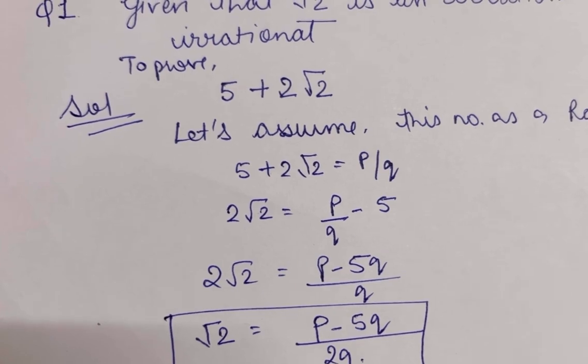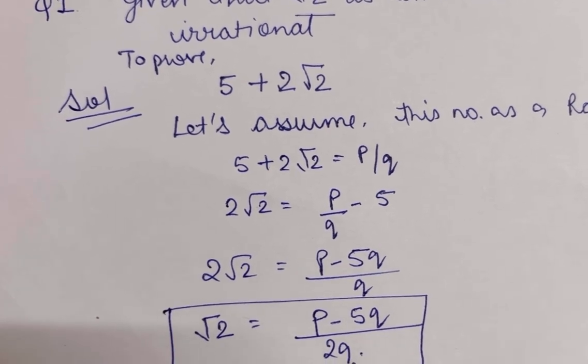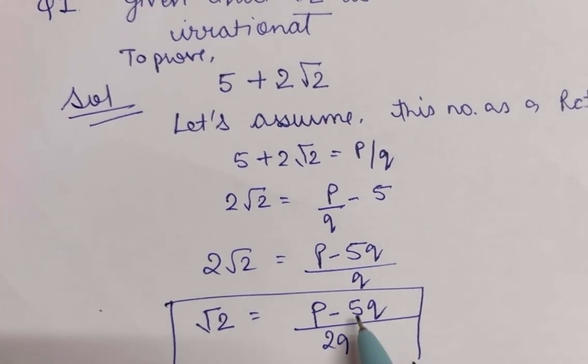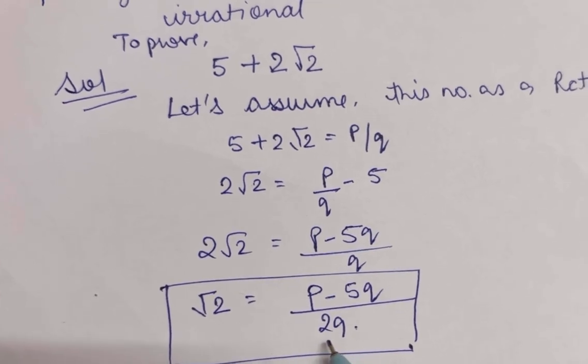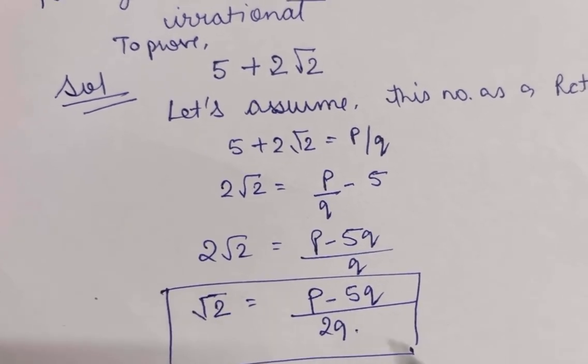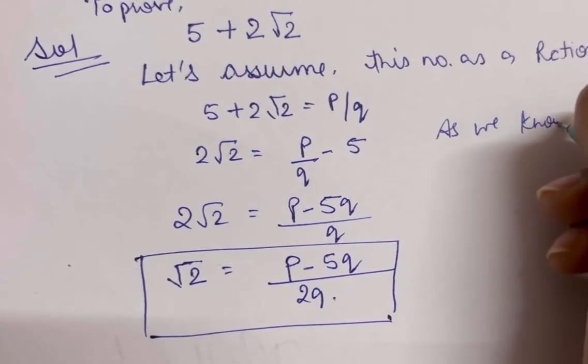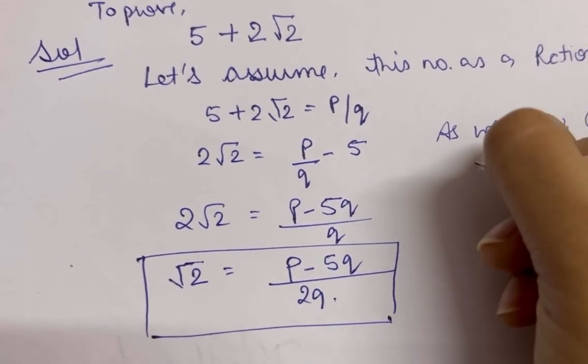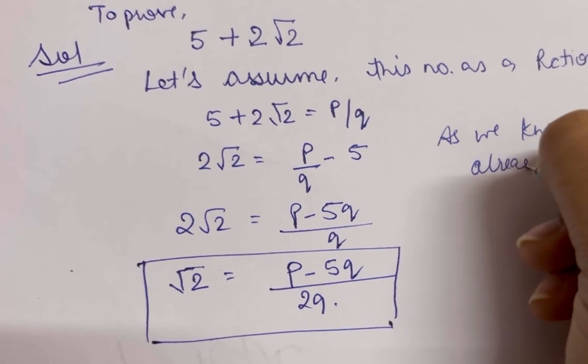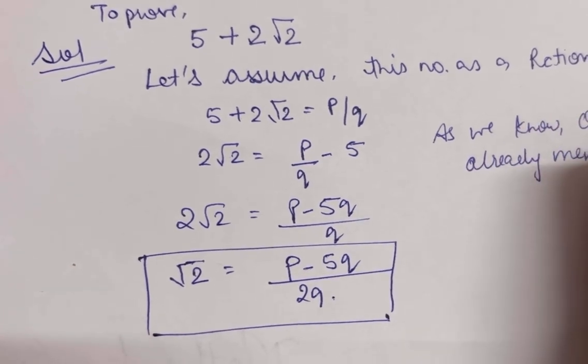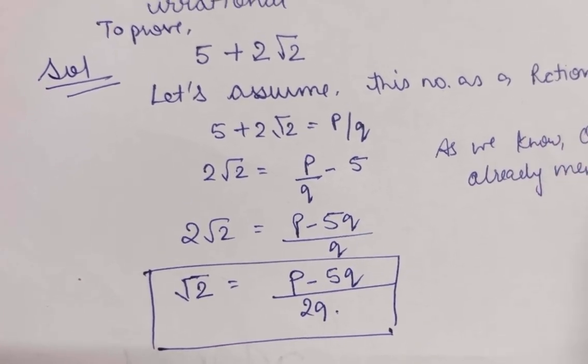This is the value which is equal to this. The value p minus 5q upon 2q is equal to root 2. And as we know, or we could say, as already mentioned in the question, that root 2 is an irrational number.